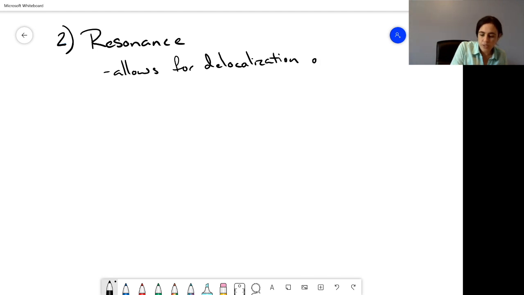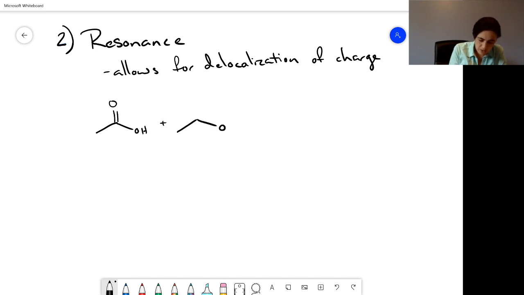Allows for delocalization of charge. And the more spread out it is, the more stable it is. So we'll take one more example of this. So if we're looking at a reaction of a carboxylic acid with an alkoxide, forming our carboxylate and our alcohol.